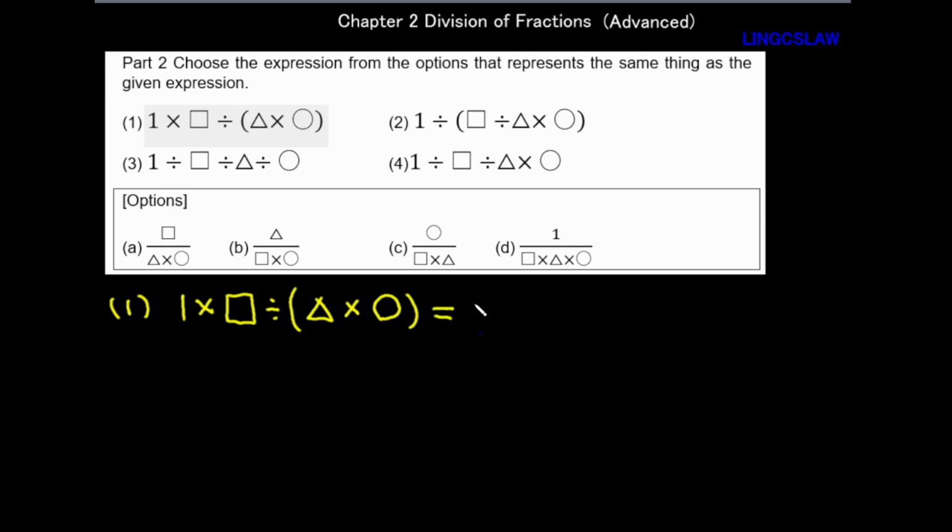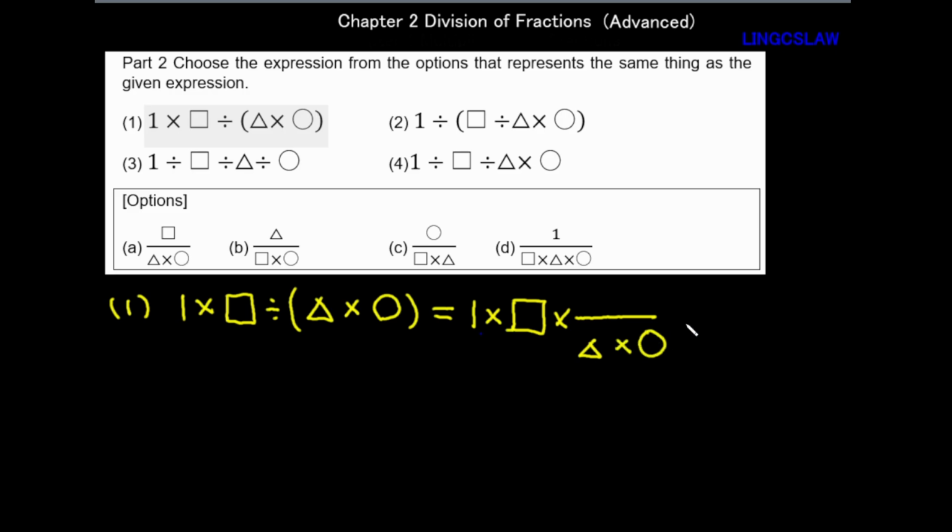So this will be 1 times a square divided by, let's change division into multiplication.